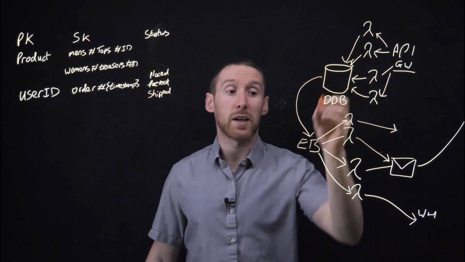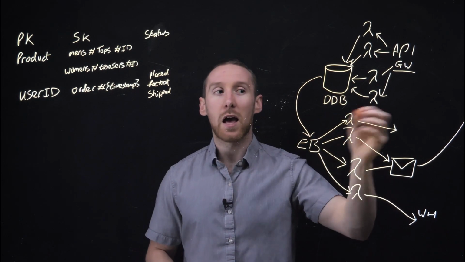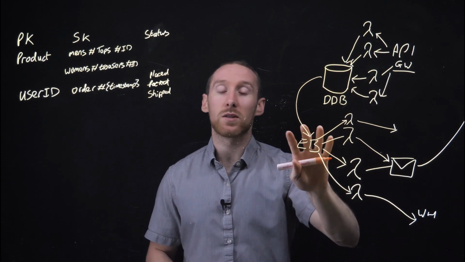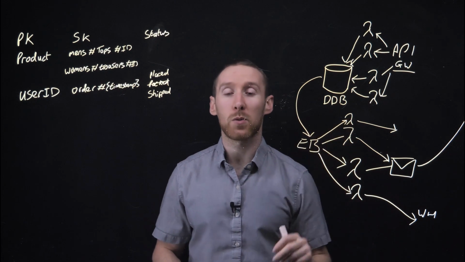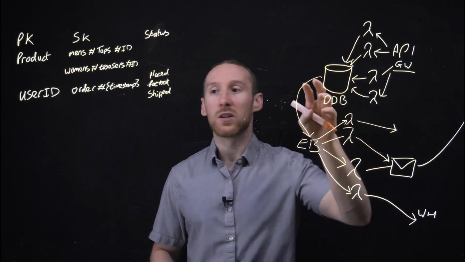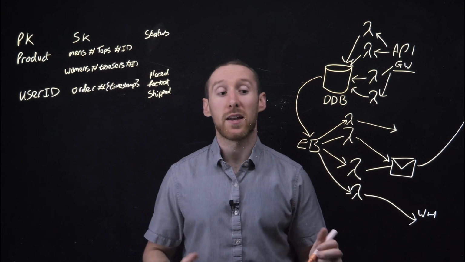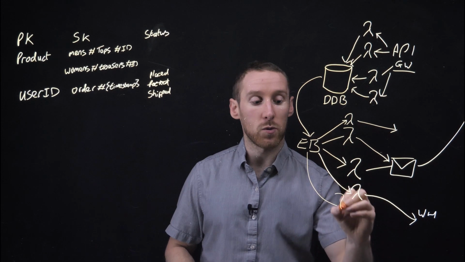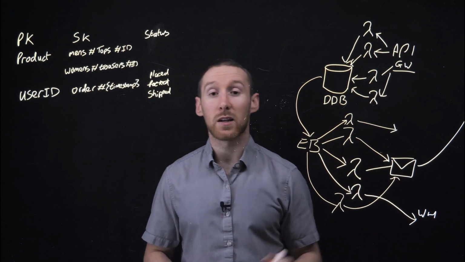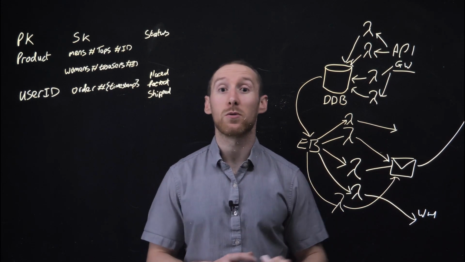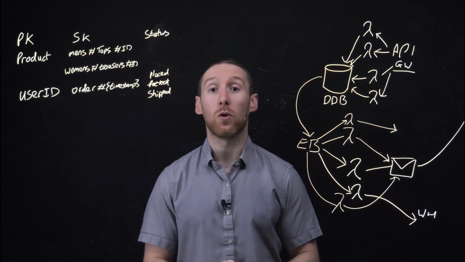Now that it's been shipped, again, DynamoDB streams goes to EventBridge, and you kind of see, you write things to DynamoDB, it goes into EventBridge, and then that fans it out to the Lambdas that need to process it. This happens a lot. So this time it's going to come here, and it's going to be an order shipped event, which again is going to go to a new Lambda, and that is going to take SES and send the user an email saying, congratulations, we have delivered your order.